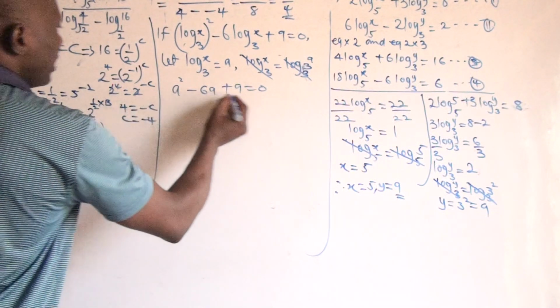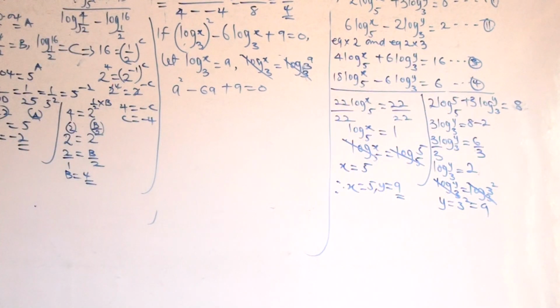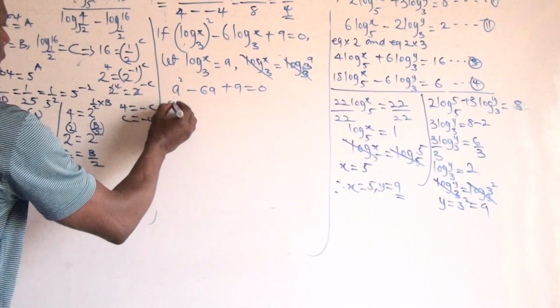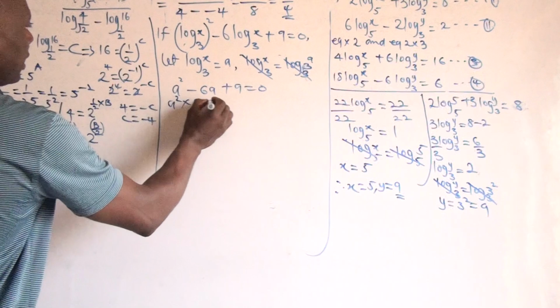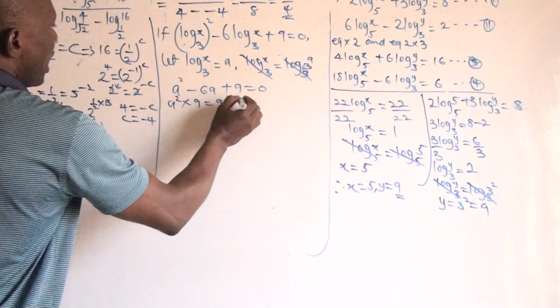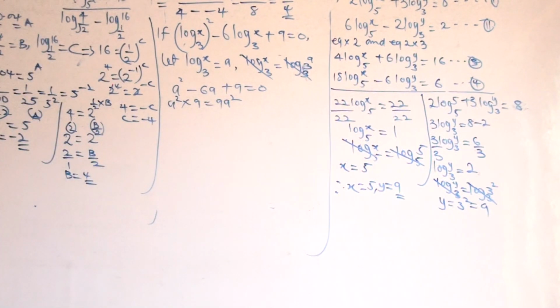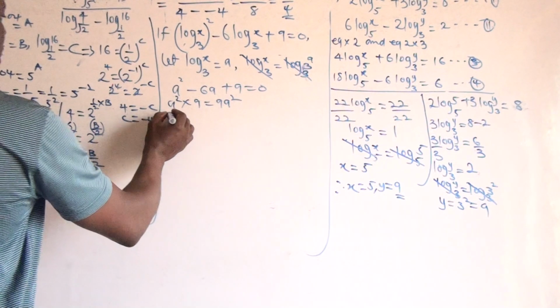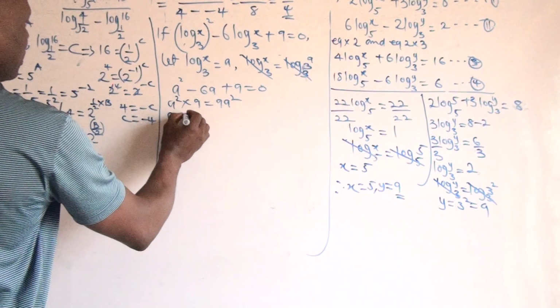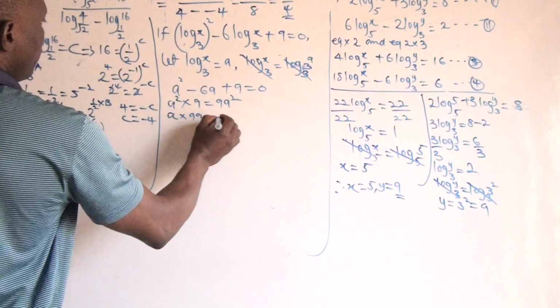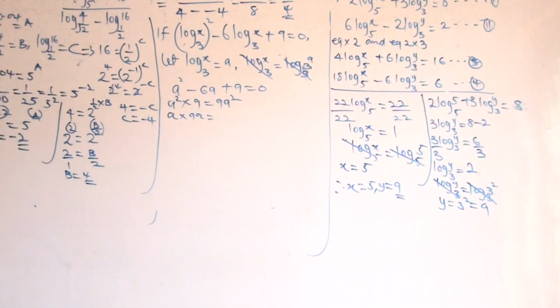Now let's look at this equation to see if it is factorizable. Yes, it is factorizable. This is a squared times 9, which is equal to 9a squared. Now let's look at all the factors of 9a squared. One of them is a times 9a, that will give us 9a squared, but if we add them, it's not going to give us this.